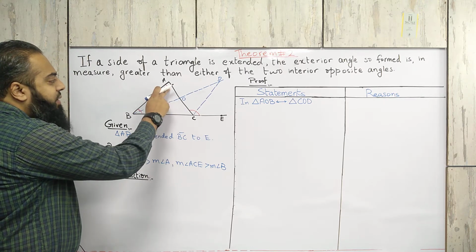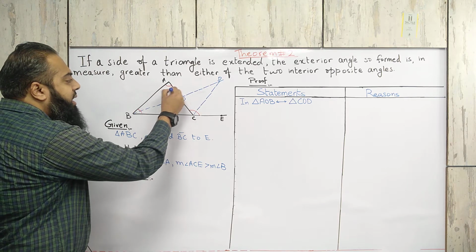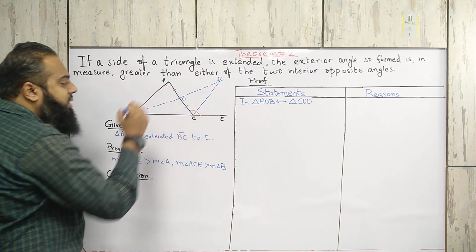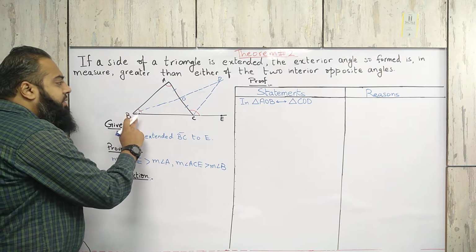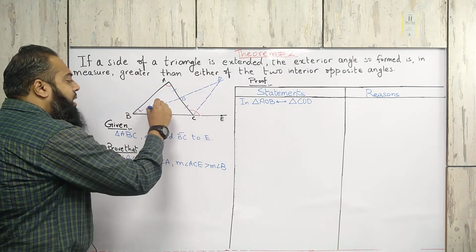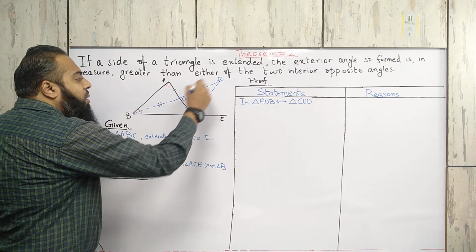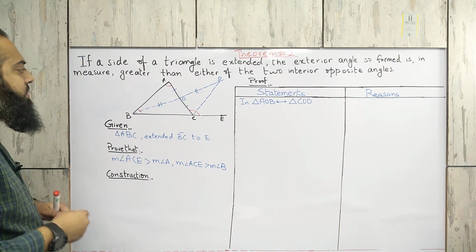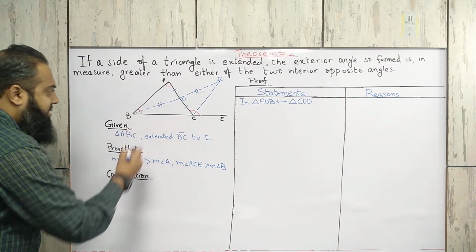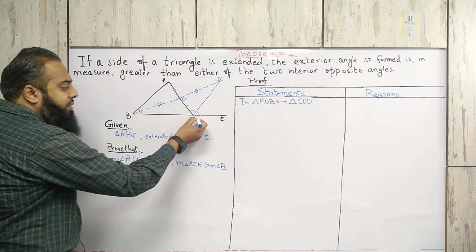Point O is where we cut line AC in half, so that AO and OC are equal in length, and the point D is such that line BO and line OD are equal in length. That's our construction. We will write it over here, and then we will join point D with point C.